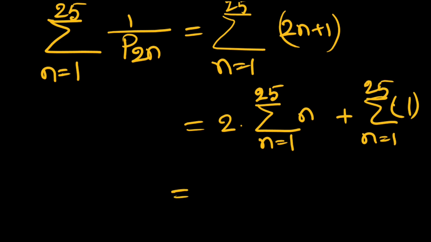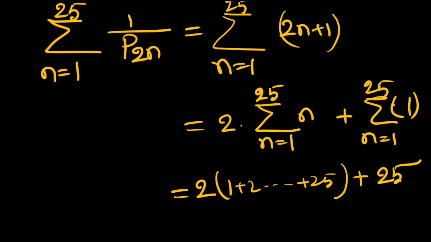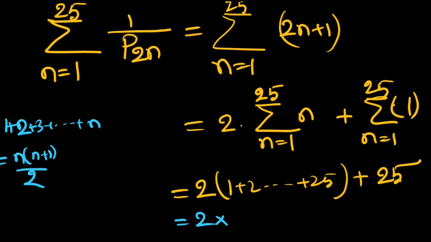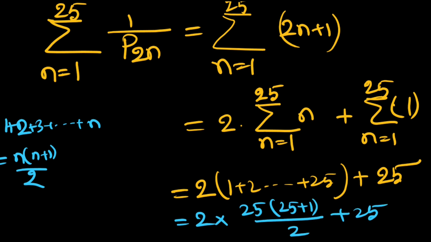Therefore that is 2 times (1 + 2 + ... + 25) plus 25 times 1, that is 25. Now we know that 1 + 2 + 3 + ... + n = n(n+1)/2. So use here n = 25, that is 2 times 25(25+1)/2 plus 25.